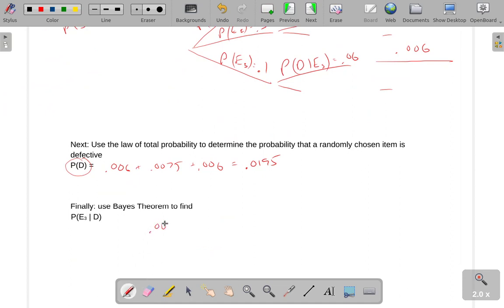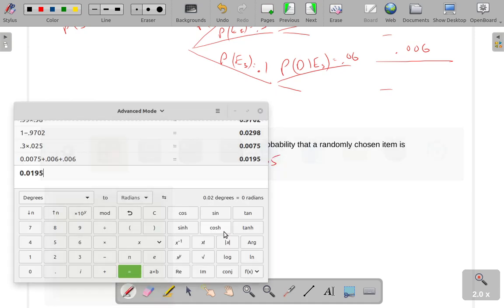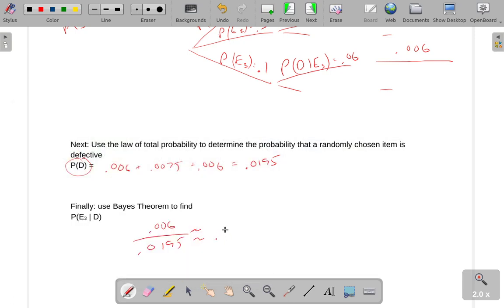So I'll do 0.006 divided by 0.0195, which gives me 0.3077. So the probability that it came from a new operator is almost 30%.